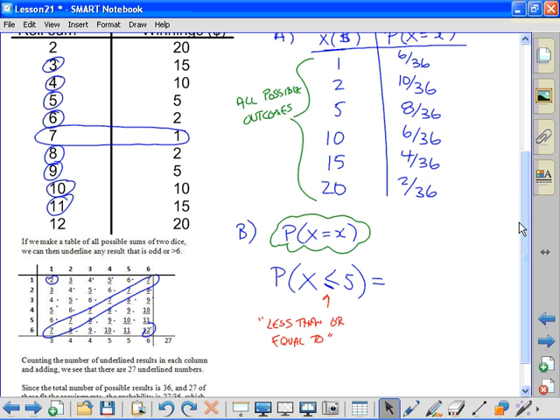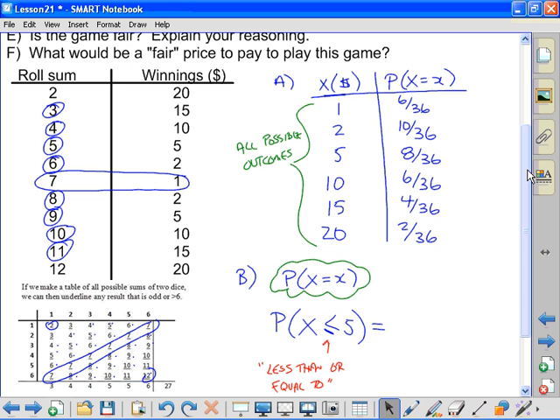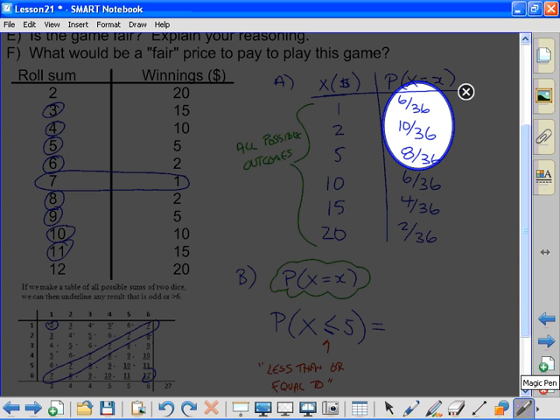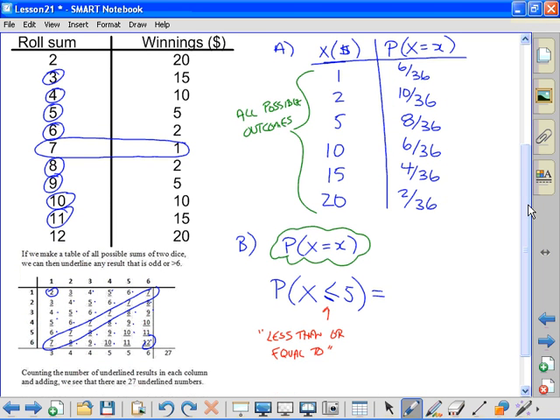All right. How do we figure that out? Well, we look for the $5 or less, and we see that the probabilities of getting $5 or less are all listed here in the table. So we just have to add those 3 probabilities up to get our answer. So a 6 in 36, and this is why in this course you never reduce your fraction until the last step. Because now we just have to add the tops together, so we get 24 in 36.